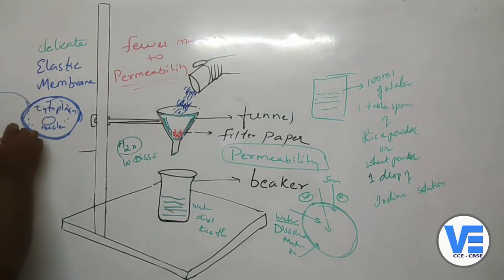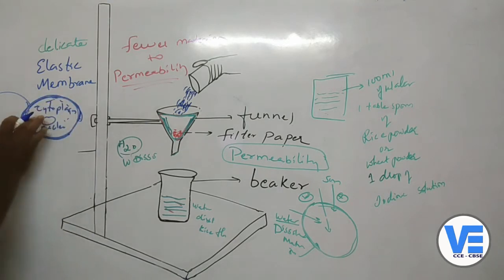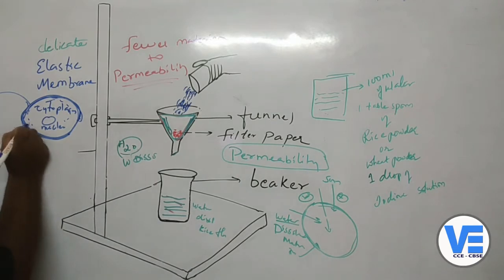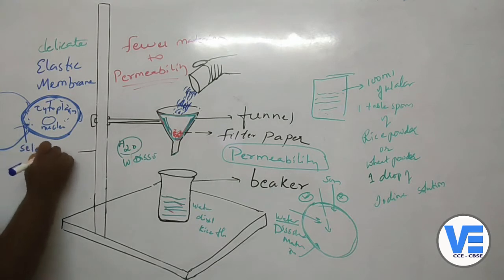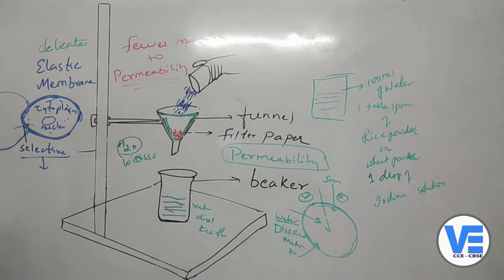This cell membrane will divide this cell from the other cell. If there is another cell beside it, this plasma membrane is dividing this cell from the other cell. It will not allow just anything to pass, and it is very selective. Only the things which are required for this cell are allowed to pass inside.